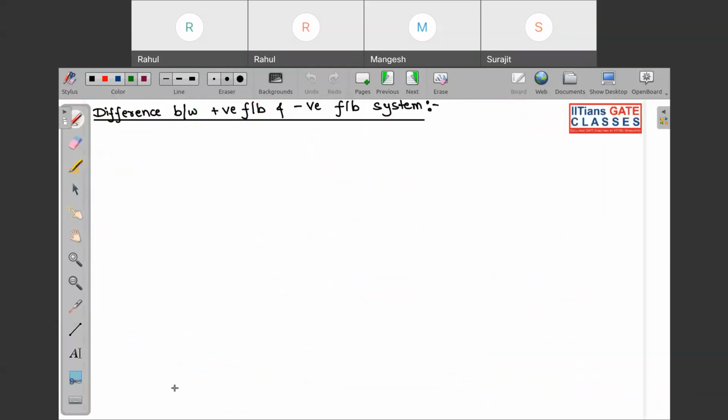Now let us understand what is the difference between positive feedback and negative feedback. So negative feedback is what?